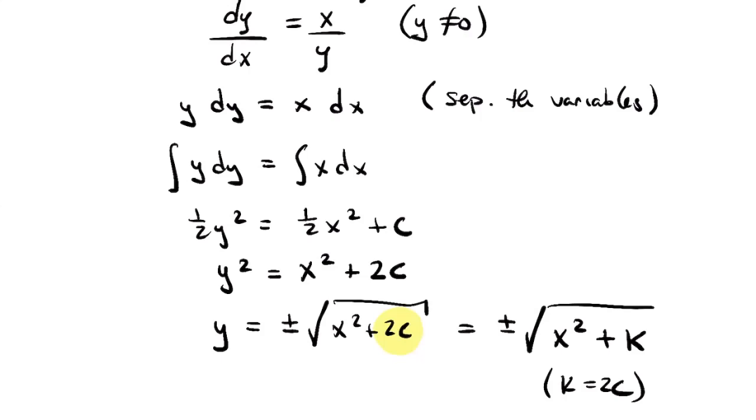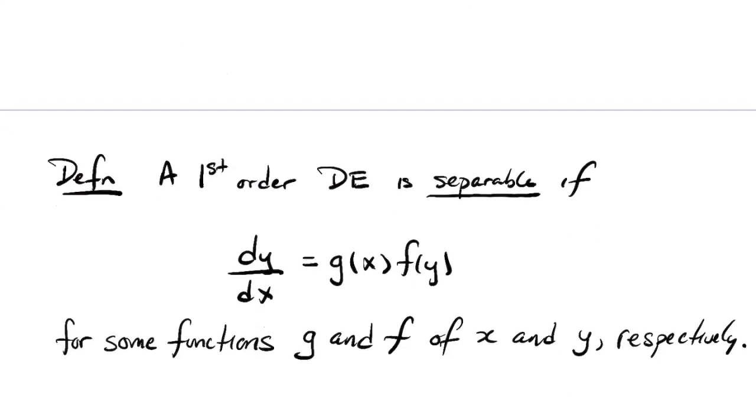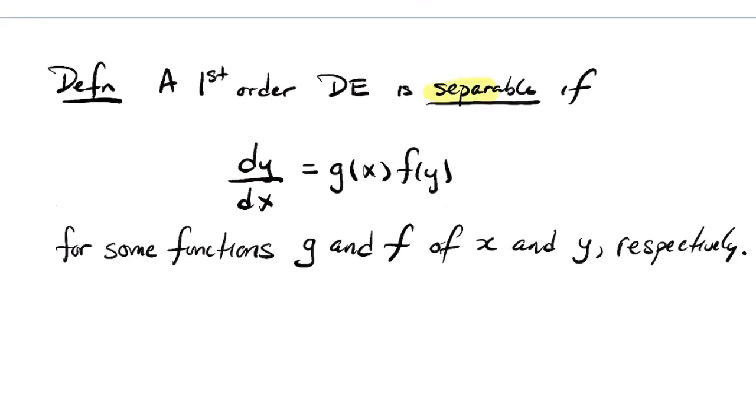Nice. So that procedure works as long as we can do this first step, as long as we can separate the variables. So let's take a look at, well, when is that the case? A differential equation is separable, first order. I'm only talking about first order differential equations. If you can isolate the derivative dy/dx and write it as a product of a function that only has x's in it and a function that only has y's in it.